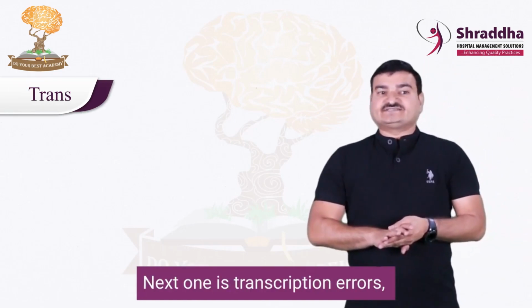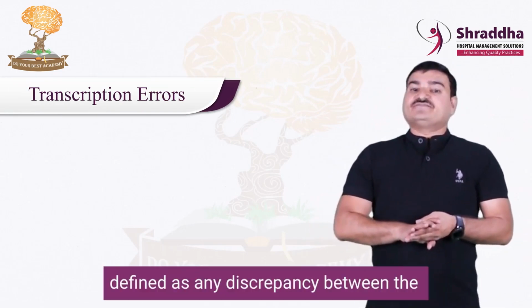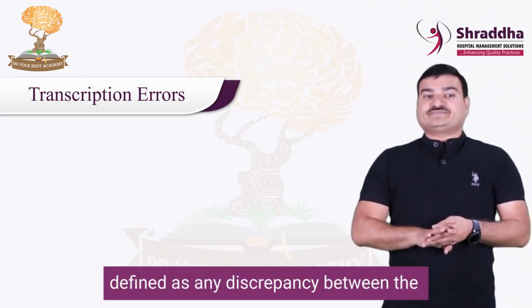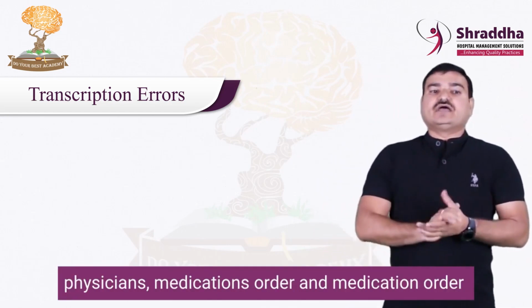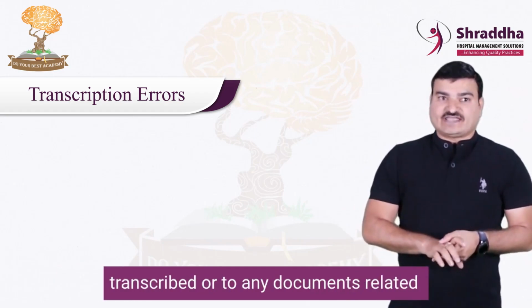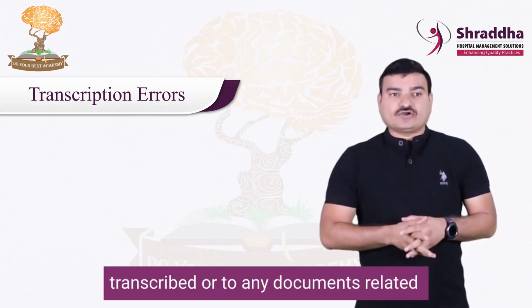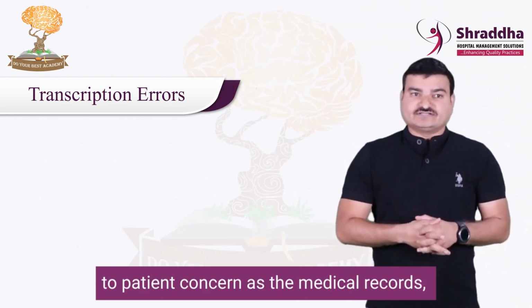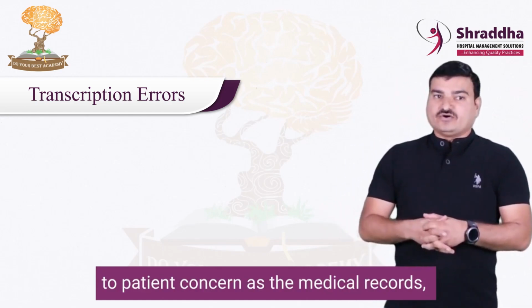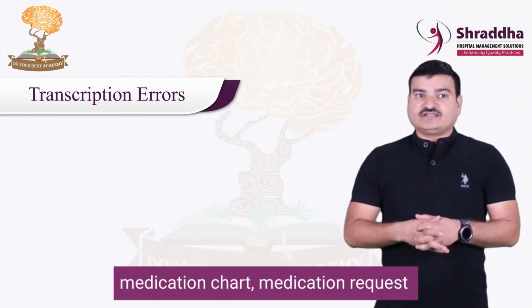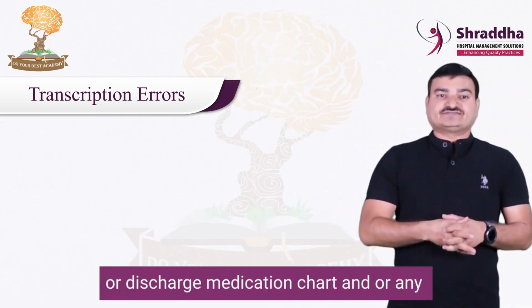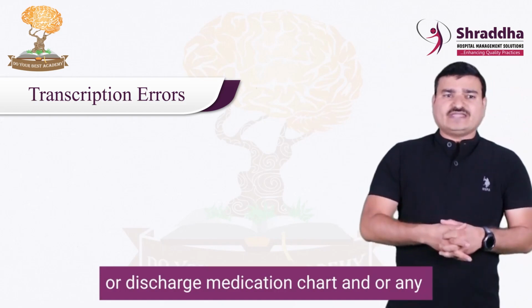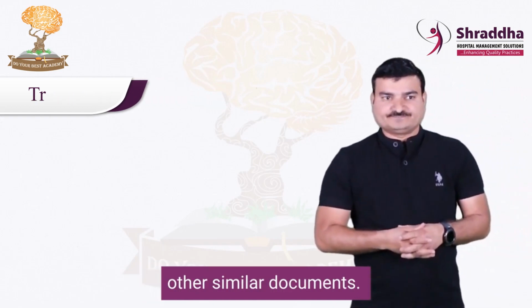Next one is transcription errors, defined as any discrepancy between the physician's medication order and the medication order transcribed onto any document related to patient care, such as the medical records, medication chart, medication request sheet or discharge medication chart, and or any other similar documents.